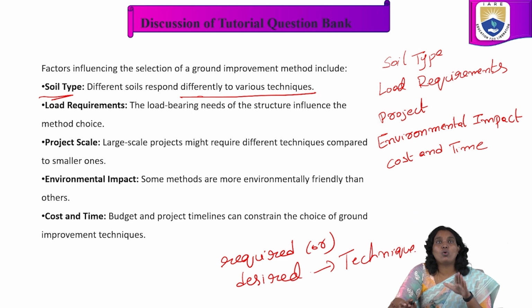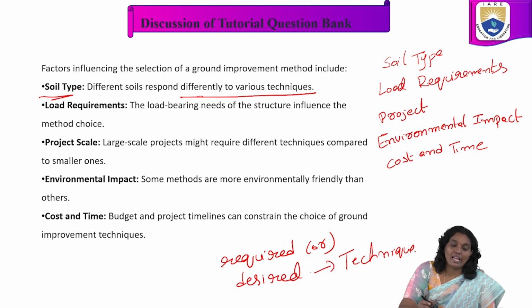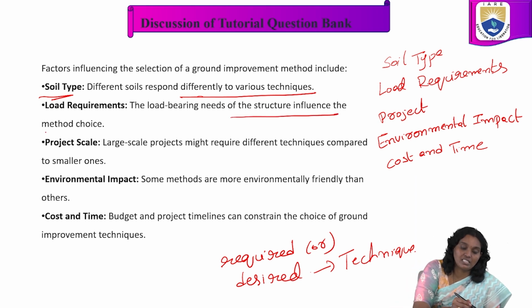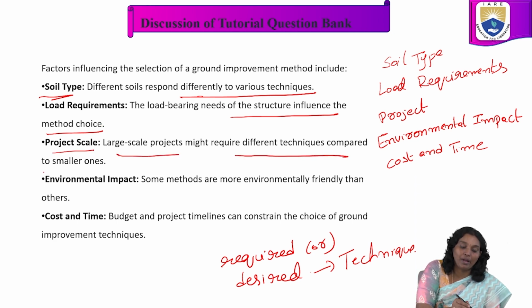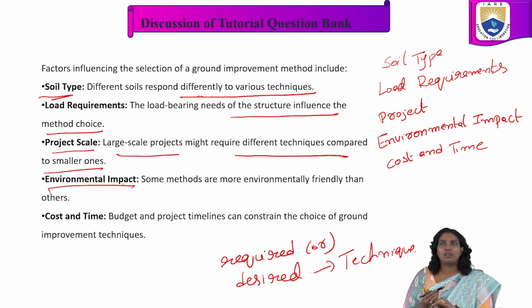And also load requirements: the load bearing needs of the structure influence the method of choice. In project scale, large scale projects might require different techniques compared to small ones. In environmental concern, some methods are more environmentally friendly than others. So we have to choose, and also the regulations and environmental acts are there, we have to obey those, and then we choose the technique for that particular locality.